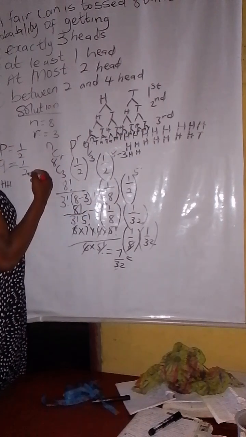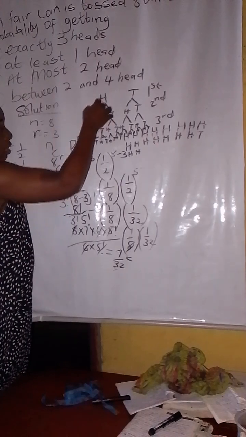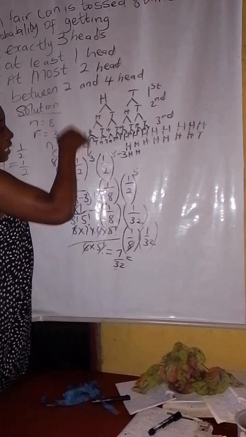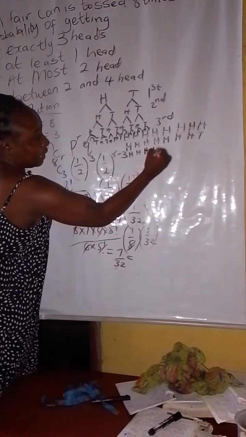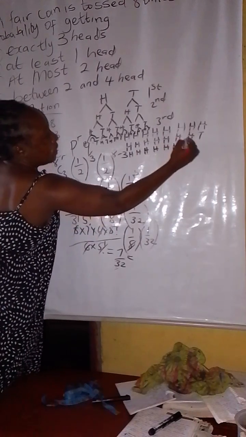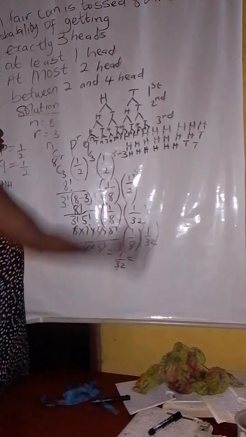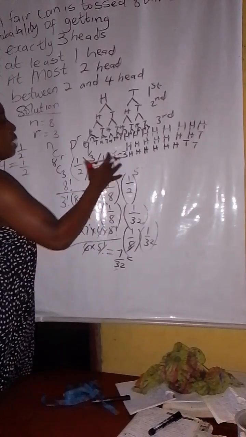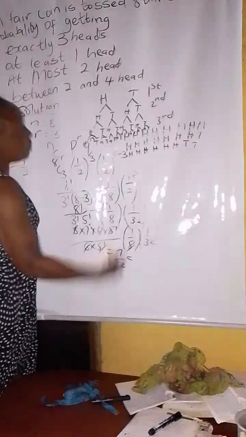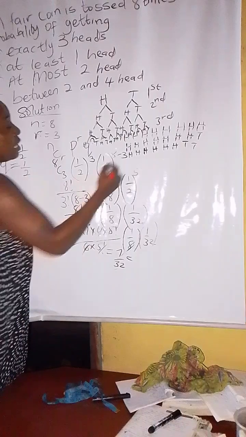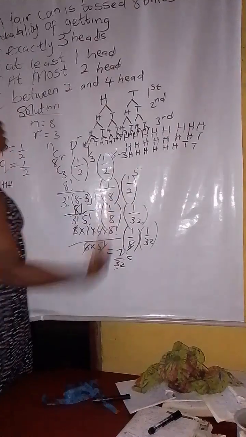If I continue like that, it will give 32 occurrences. And the number that will give you exactly 3 heads would be 7 times.